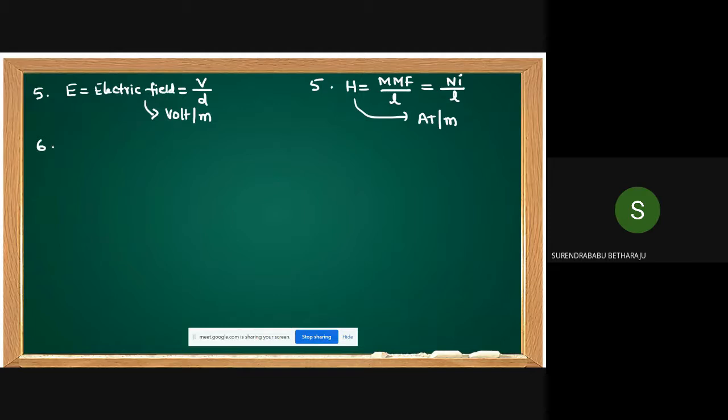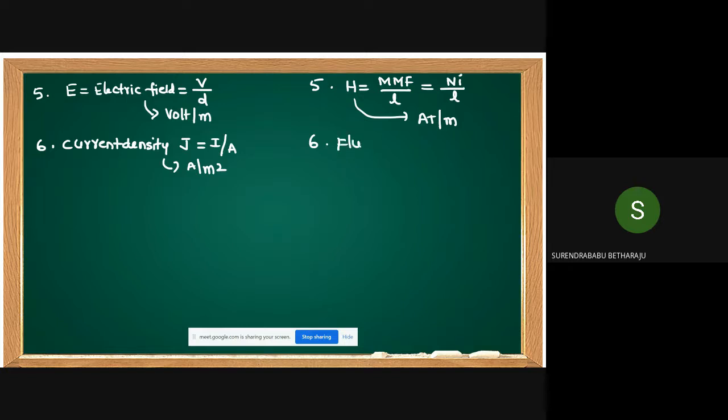Then one more parameter. In electric circuits, we can define the current density. What is the current density? J equal to I by A. What are the units, students? Ampere per meter square. But here, which parameter can we define? Flux density.